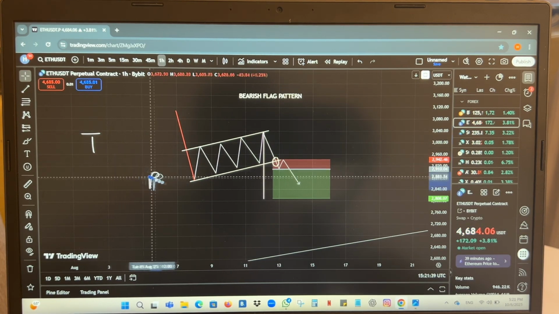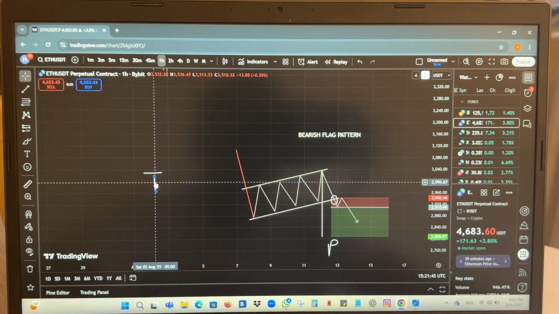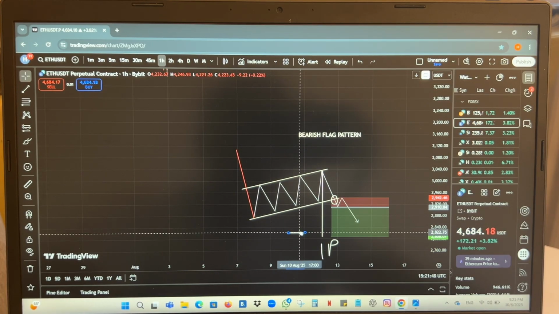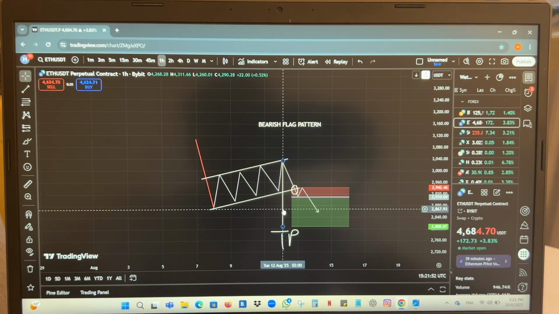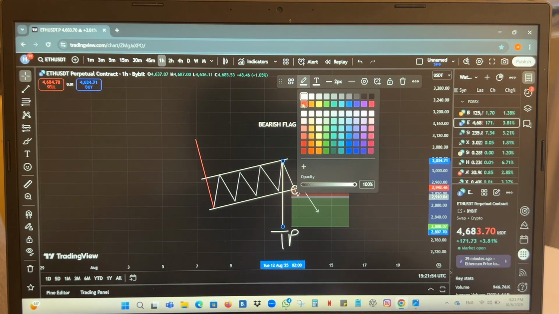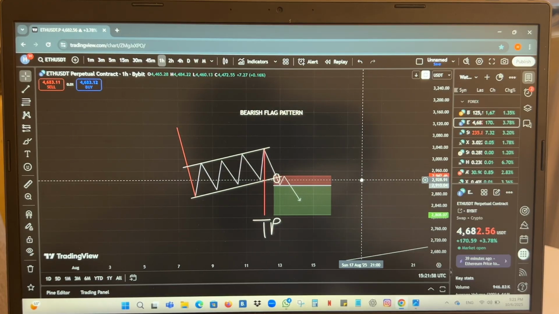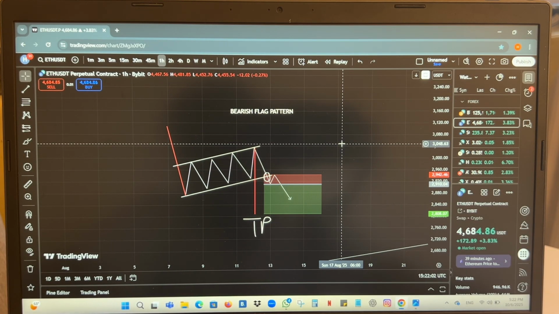This TP is gonna come here. There you go. So let's make this red. So there you go. This is the length. It's extremely simple. There's nothing extra for you guys to learn.